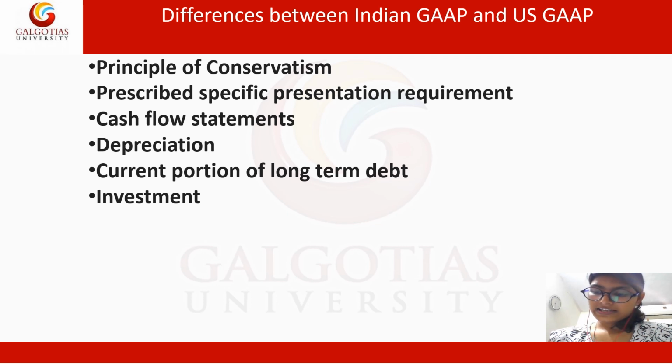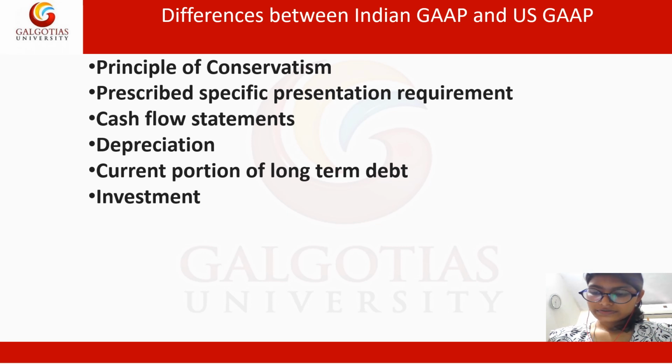Nextly, the cash flow statements under the Companies Act 2013 shall be prepared for all the companies. However, some of the companies like the small companies, the dormant companies, the one-person companies, these are the companies which are excluded from making the cash flow statements mandatorily.